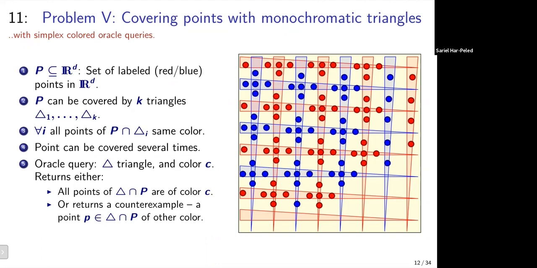And if not, the Oracle returns a point that is in the triangle and is of the wrong color. So either all the points in it are the same color as I want, or there is a point colored in the wrong color. Again, I'm assuming that there are k triangles covering the input, so I would like an algorithm that asks very few queries as a function of k.